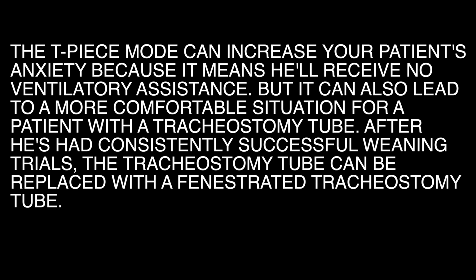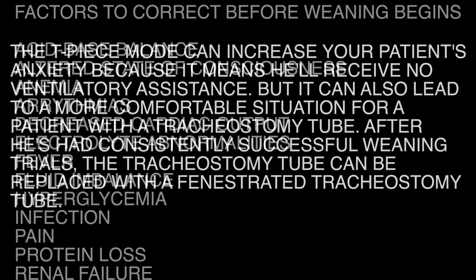The T-piece mode can increase your patient's anxiety because it means he'll receive no ventilatory assistance. But it can also lead to a more comfortable situation for a patient with a tracheostomy tube. After he's had consistently successful weaning trials, the tracheostomy tube can be replaced with a fenestrated tracheostomy tube.